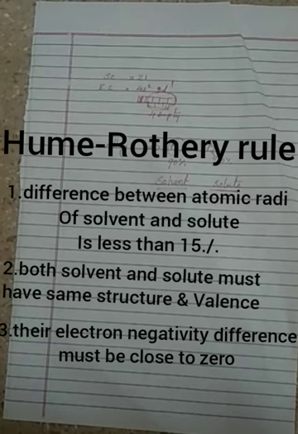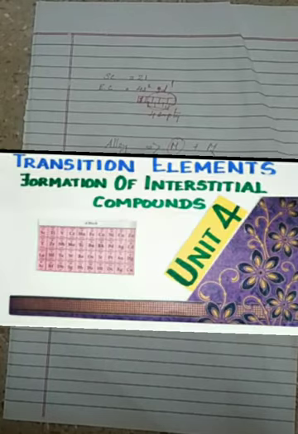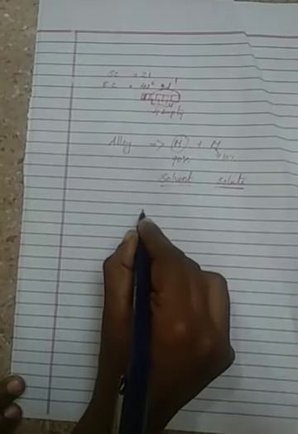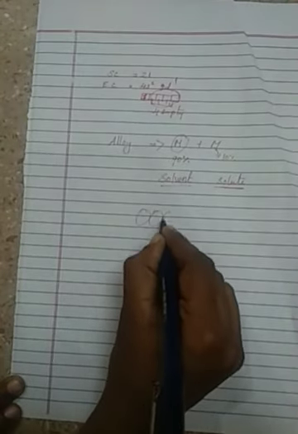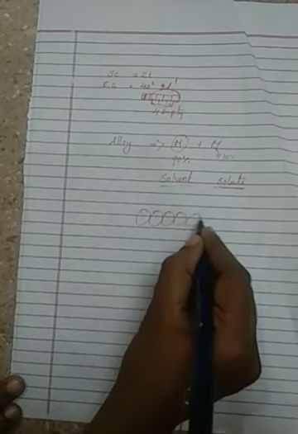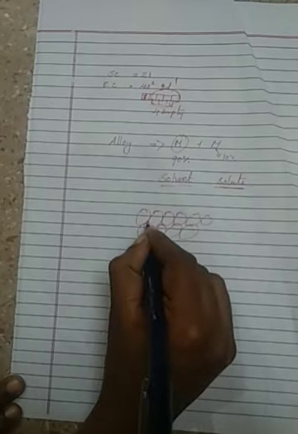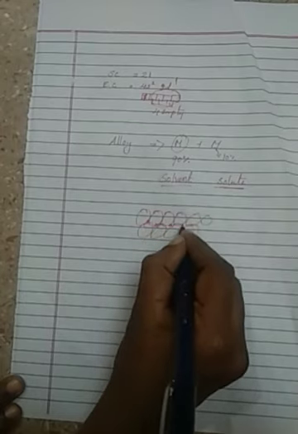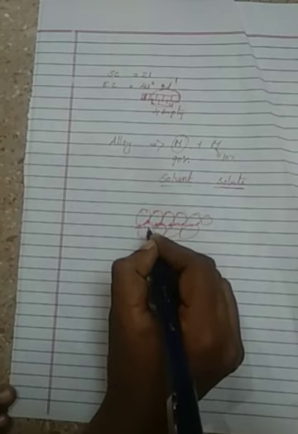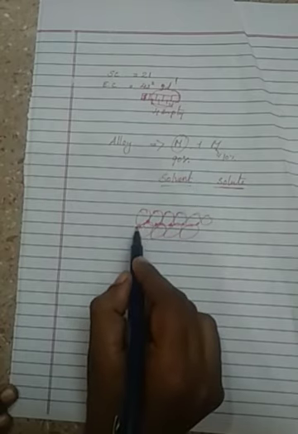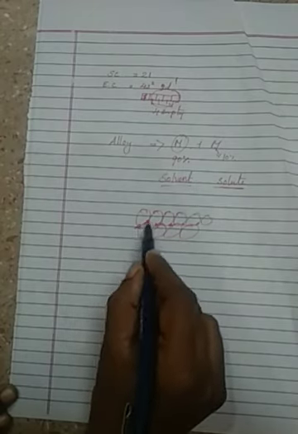Next is interstitial compounds. Already from Unit 6 we came to know what an interstitial compound is. When the metal atoms are arranged, they have some gaps. These gaps are known as interstitial holes.